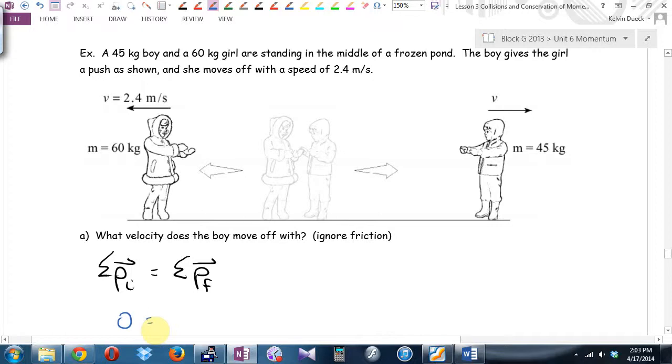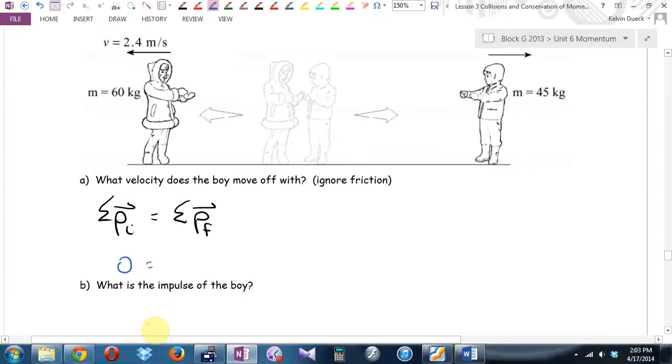Boom! After the explosion, after the push, what's moving? The girl, the boy, or both? Stuck together or separate? So that's going to be momentum girl, momentum boy. I could go mass 1 and 2. I'll go G and B, girl and boy.